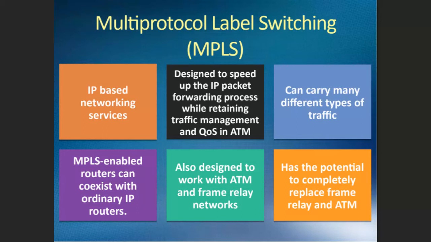It can also handle QoS very efficiently, and can carry many different types of traffic. MPLS can work with ordinary IP routers. It will work also with ATM and frame relay. So it's very powerful and flexible, and it can completely replace ATM.